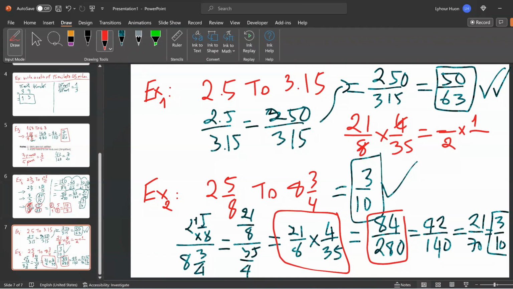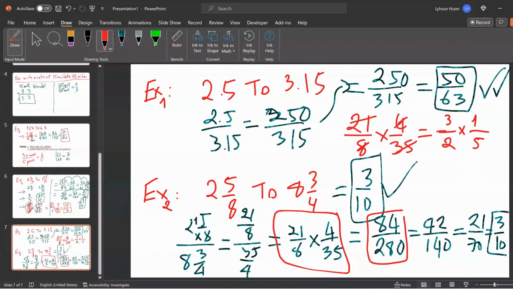Can we simplify 21 and 35? Can we simplify with 7? 7, 14, 21; 7, 14, 21, 28, 35. Yes, we can. It's 3 and 5.